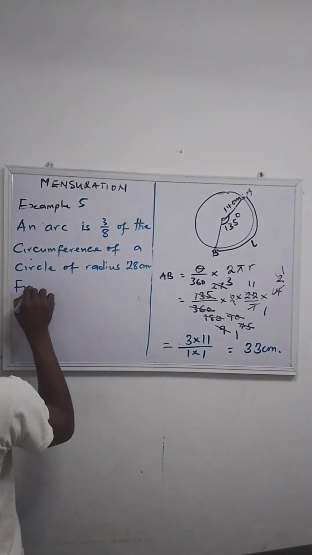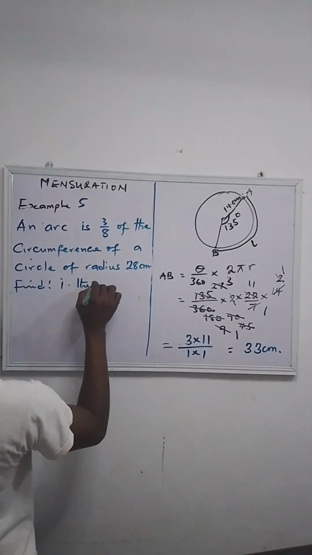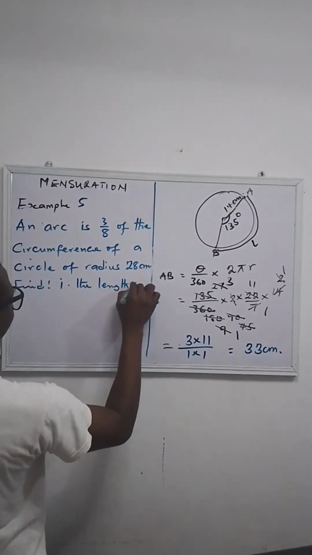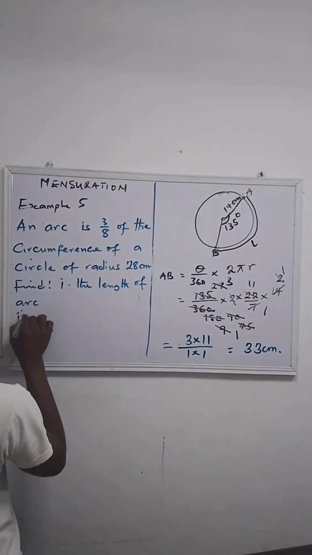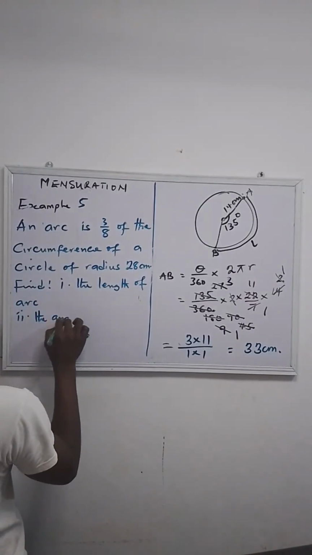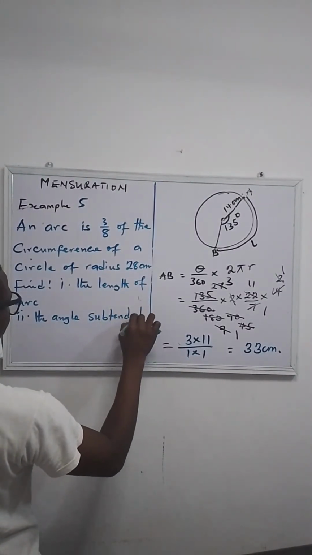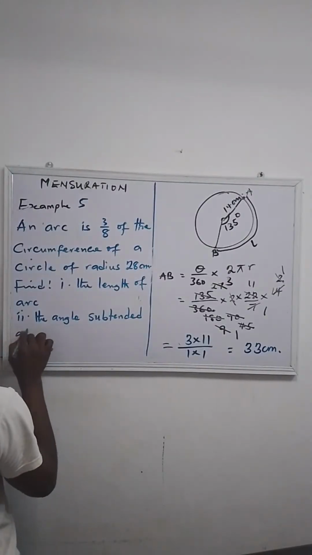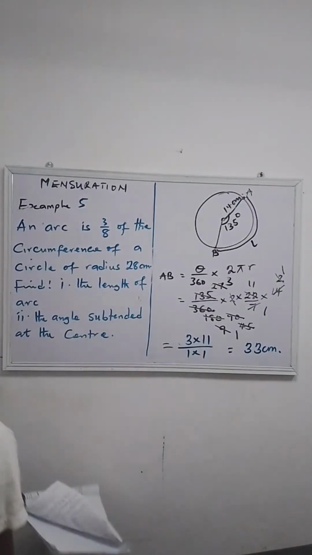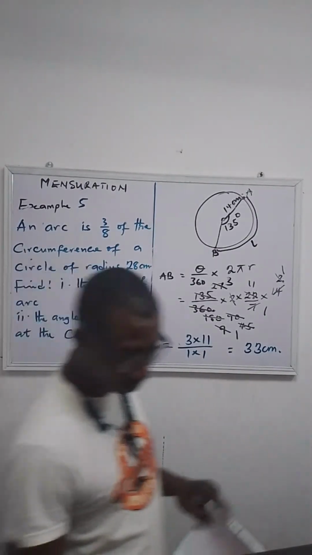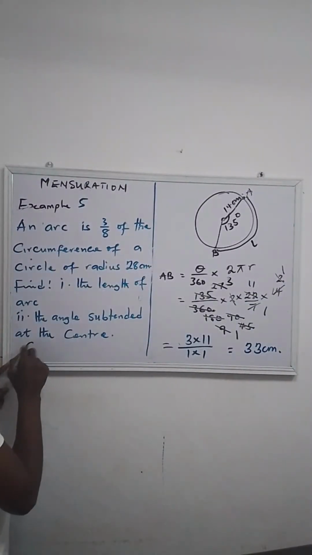Now find, Roman numeral 1, the length of the arc, and Roman numeral 2, the angle subtended at the center. Okay, so that is the question. This is a WAEC question.